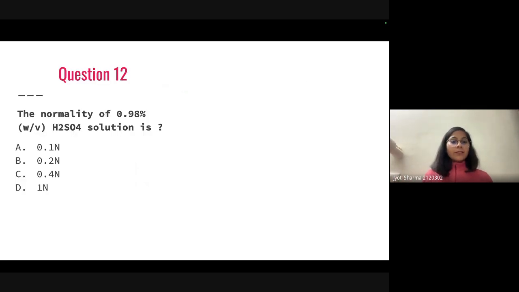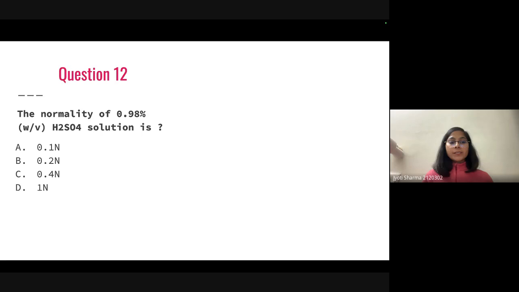The normality of a 0.98% weight by volume H2SO4 solution is. So it is just saying that you have 0.98 gram of H2SO4 in 100 ml of solution, because it is 0.98% weight by volume.